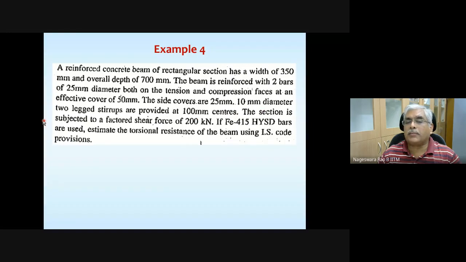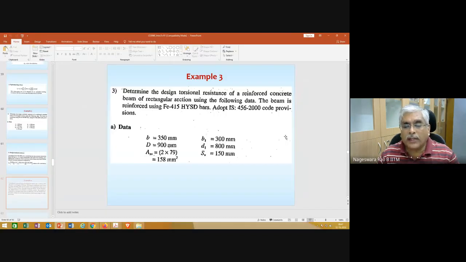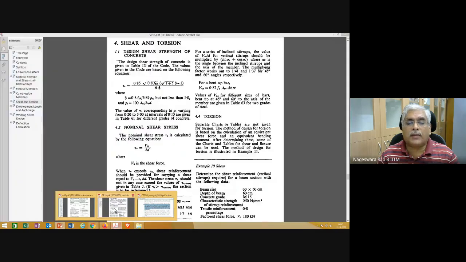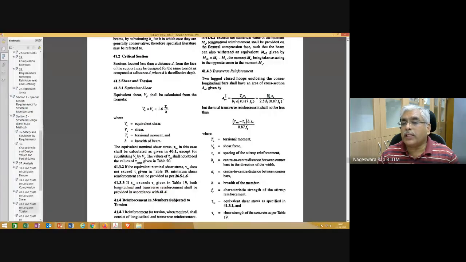The section is subjected to a factored shear force of 200 kilonewtons. Fe415 steel is used. Estimate the torsional resistance using this. So basically, the equation that I just showed you, the same equation we are going to be using, this one.